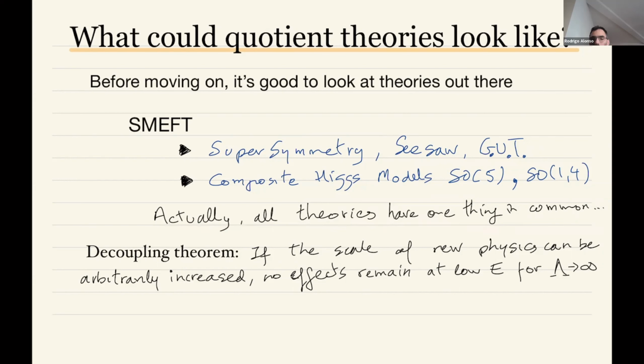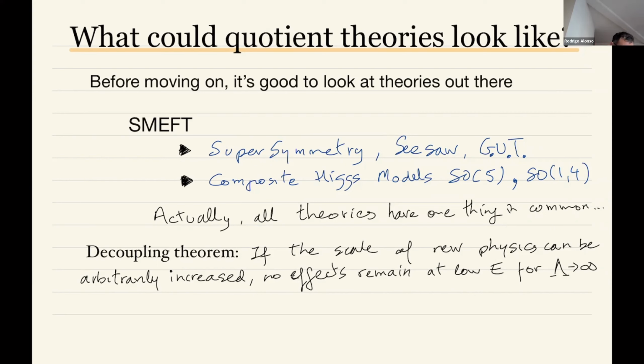The scale of this new physics is not tied down. It's not, if you want, one-to-one correlated to the electroweak VEV. You could take supersymmetry and take the scale to be much higher. The seesaw model, you can have it lower, but the Yukawa couplings give you a 10 to the 12 GeV scale also, and GUTs, etc. And that follows from all of the theories decoupling.